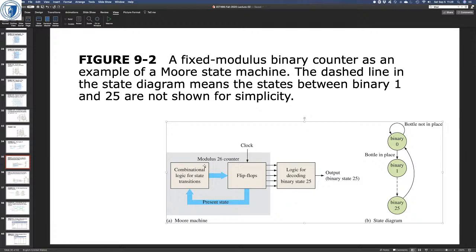And this is one way of dealing with this. It's a modulus 26 counter. 0 to 25 means there are 26 states, and this is a way of dealing with it. So yeah, that's about all I want to say with that one.